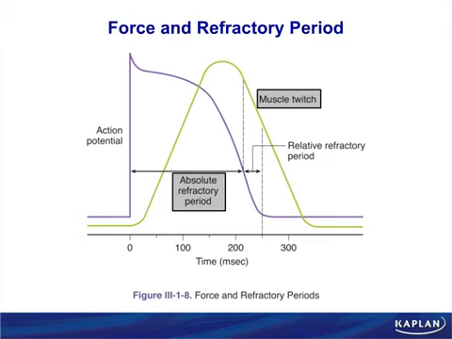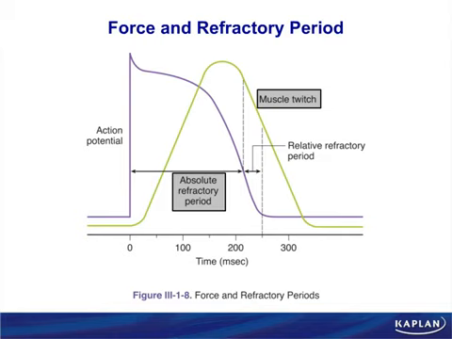Well, because of this very long plateau in a cardiac action potential, the muscle twitch is already starting to relax when the cardiac cell is still in absolute refractory. And as you recall, absolute refractory means you can't get another action potential. Now, because we're not getting multiple action potentials before the twitch, then we can't summate.